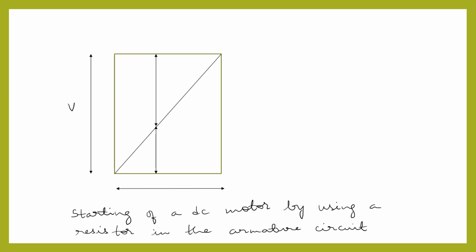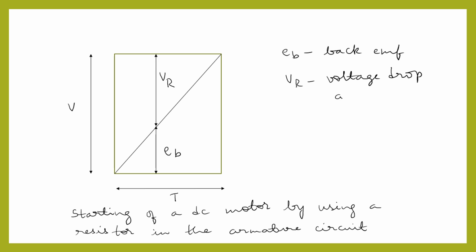So we have the term EB, which is the back EMF, and VR, which is the voltage drop across the starting resistance at any instant.